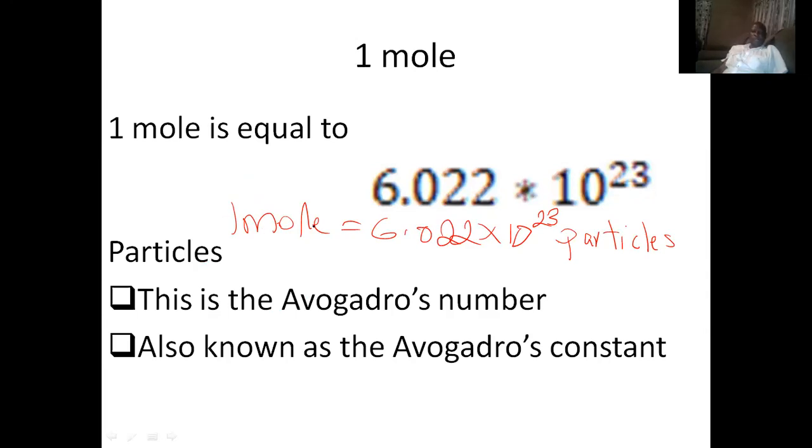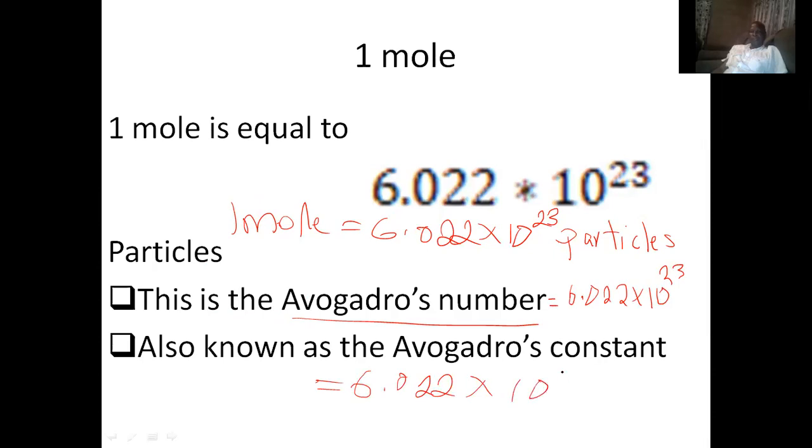This number, 6.022 times 10 to the power 23, is known as the Avogadro number. At times, this same number is also called the Avogadro constant.